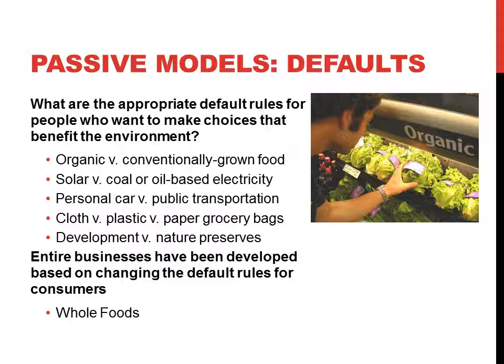What's interesting, though, is that in terms of choices, especially around environmental choices, entire businesses have been developed based on changing the default rules for consumers. A good example is Whole Foods. When you walk in, the default for buying fruits and vegetables in Whole Foods is organic, and now they're also changing the default to be organic and local. This is part of the local food movement.